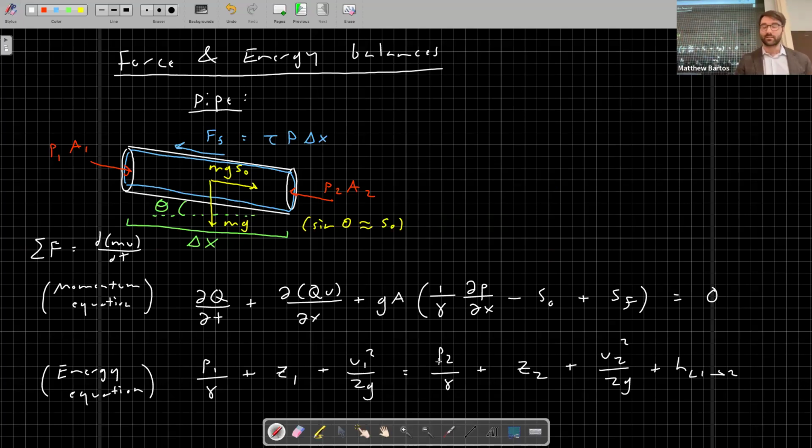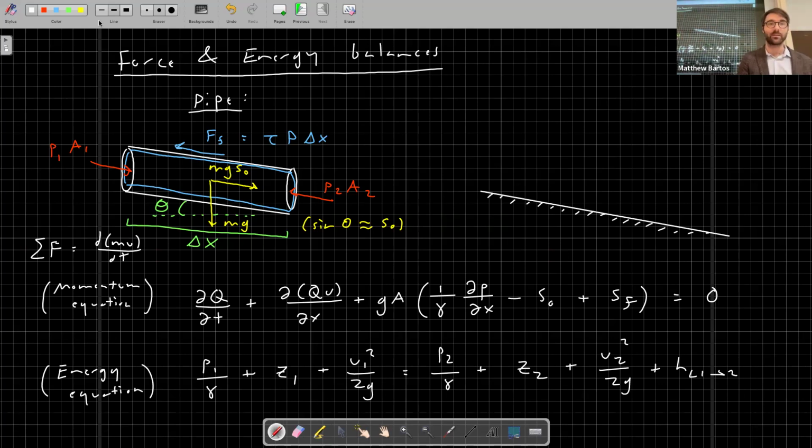Let's take a look at the case of open channel flow. So we'll have an open channel. Again, this is a sloped open channel.